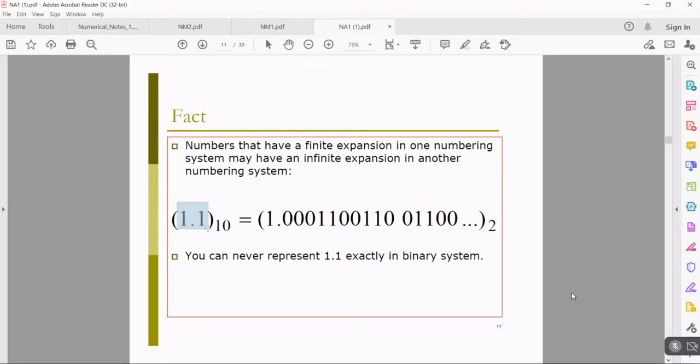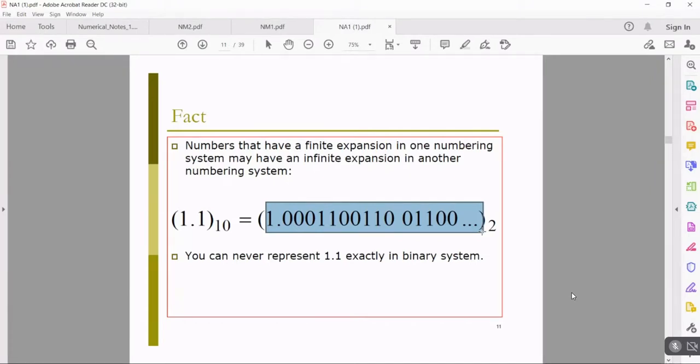There are situations like this. If you have a decimal number 1.1 in base 10, and you want to obtain the equivalent binary number for this 1.1, you will get this kind of infinite expansion. It means you are not getting an exact binary equivalent of the decimal number 1.1.